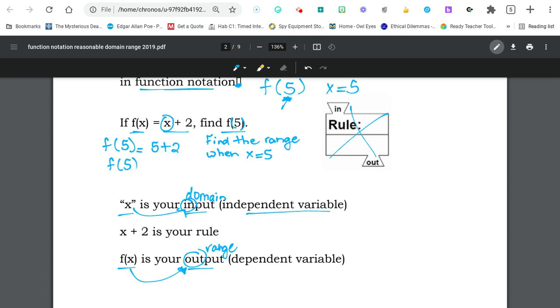So when my function is evaluated at 5, my range is 7. In other words, when I put in 5, I get out 7. So f of 5 just simply equals 7. Basically, when you throw 5 in the place of x in your function, you get out a value of 7. That's all that means.